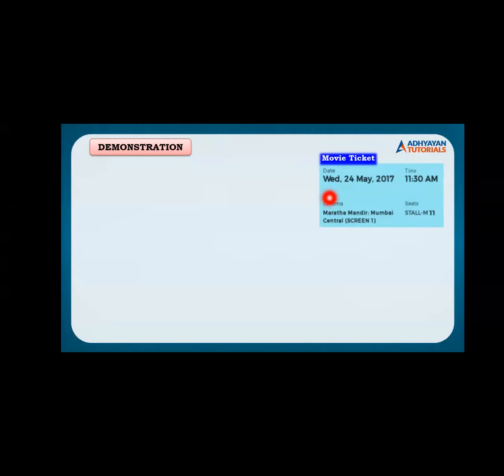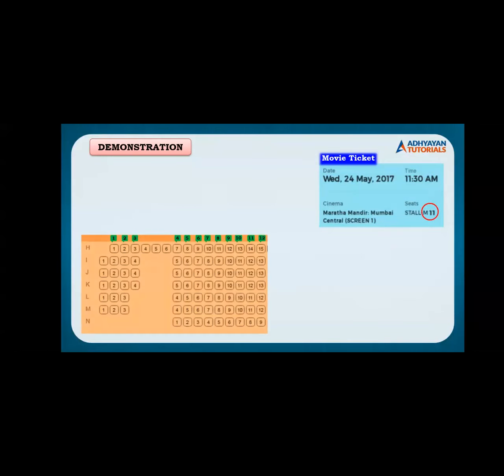As you all can see it on the screen right here, the movie ticket has the date, Wednesday 24th May 2017. Time is 11:30. Now I'm not interested in date, time and all that stuff, but what I'm interested in is this: M11. You know what, kids? When we go to a theater, standing at the entry point, let's say the entry point is somewhere here, a person can locate their seat very easily, right?